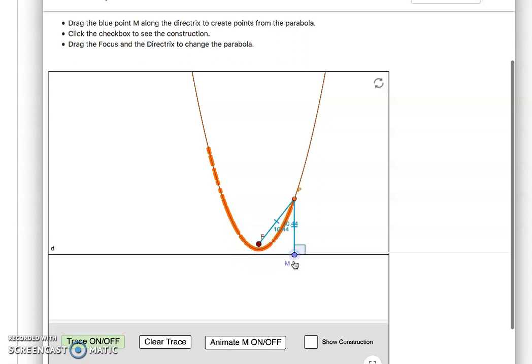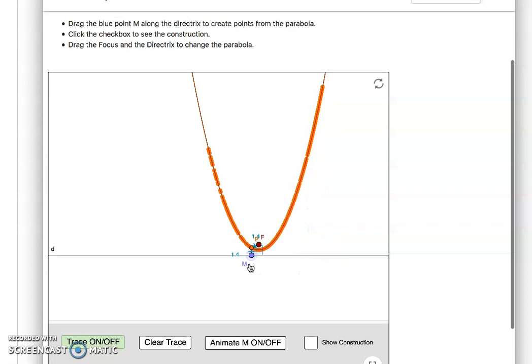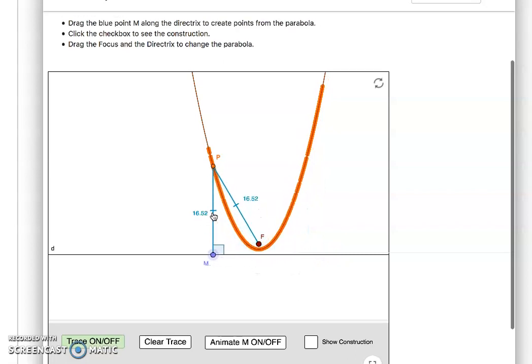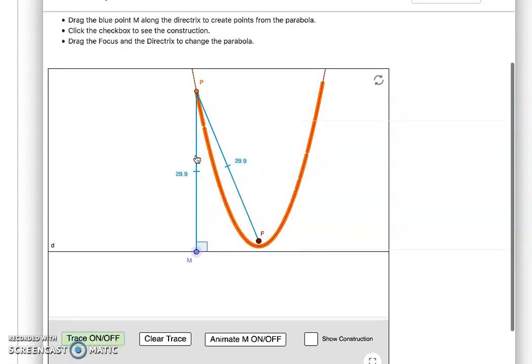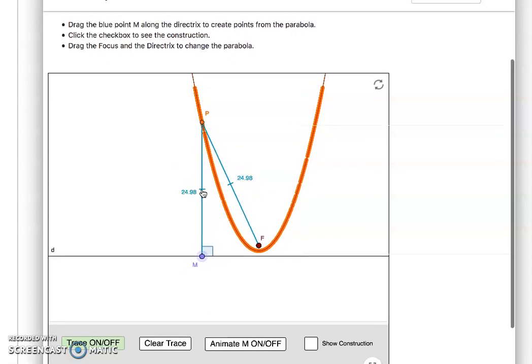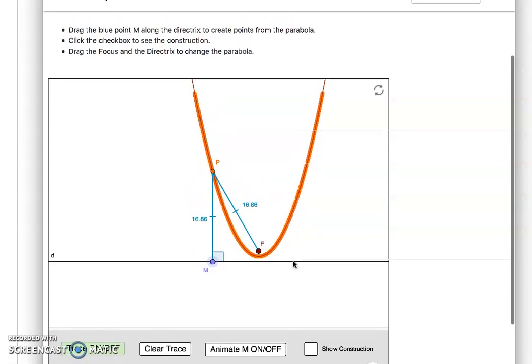So as I just drag this along here, you can see how my parabola gets made because it's putting in little dots everywhere I go. So that's how making a parabola works. I just wanted to show you that that's what happens.